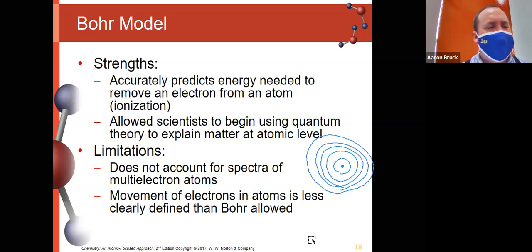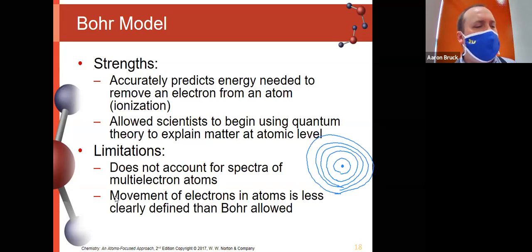The other big thing here that is a big limitation: how electrons move inside of the atom is not nearly as defined as what Bohr was describing. They don't just move around in these circular orbits.